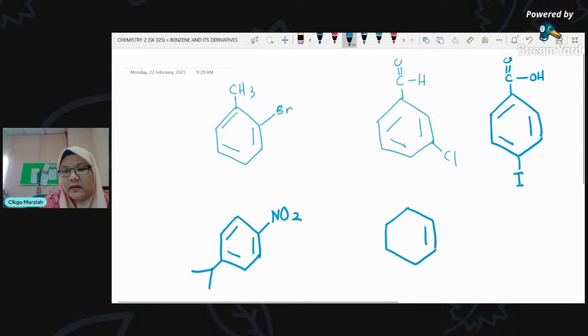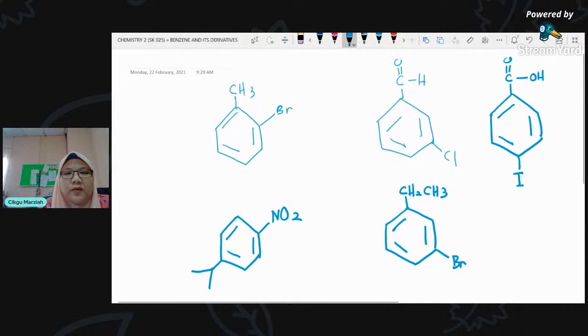Okay, so you can copy the question. So this is an example. So we try to give the IUPAC name of the compound.